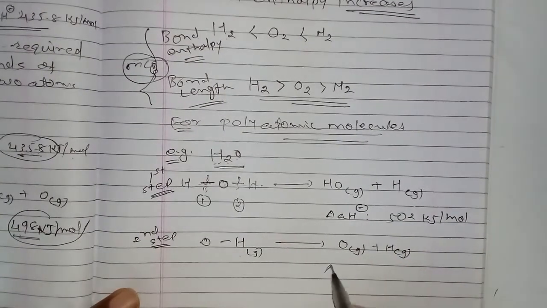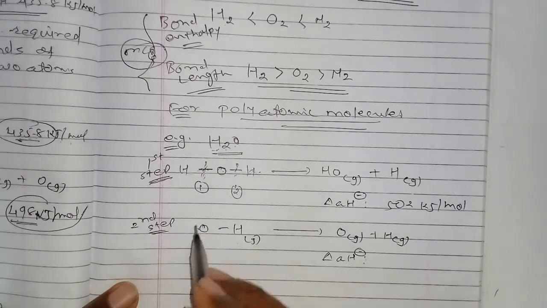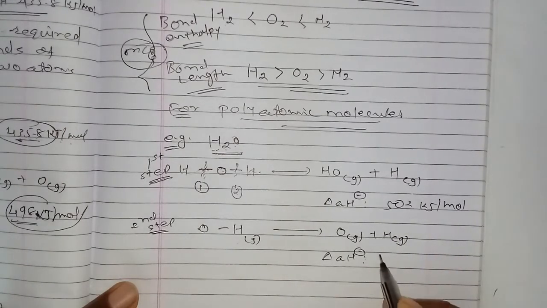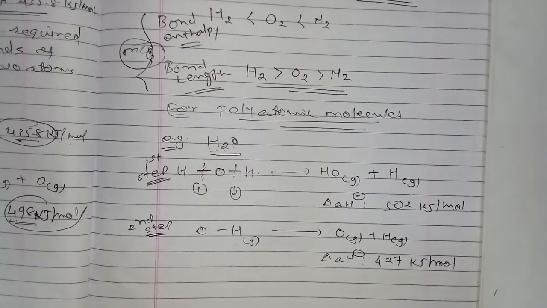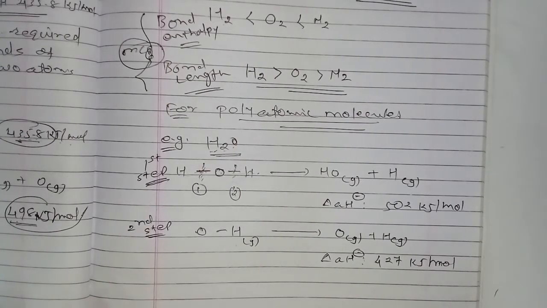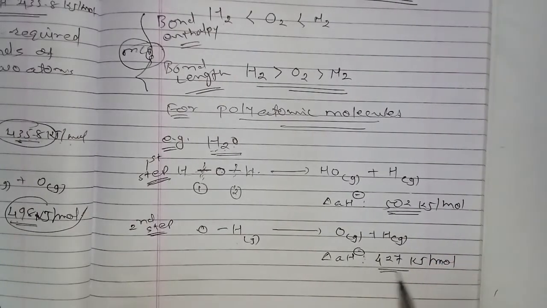Now its bond enthalpy value decreases a little bit, and its value is 427 kilojoule per mole. So we get two different values of bond enthalpy.